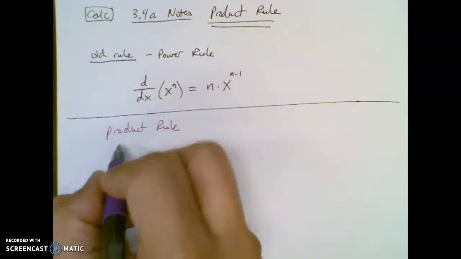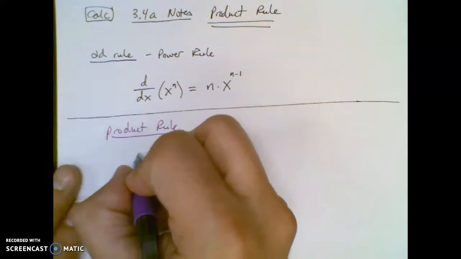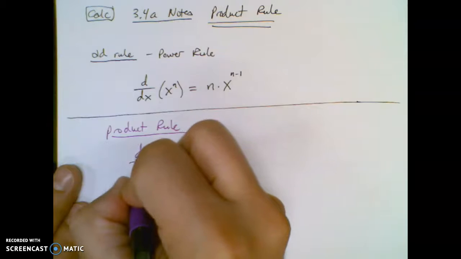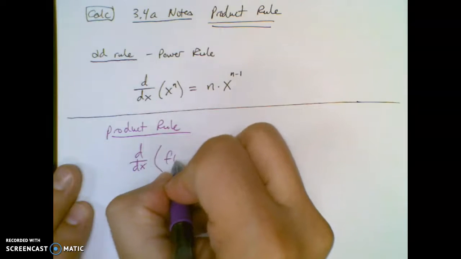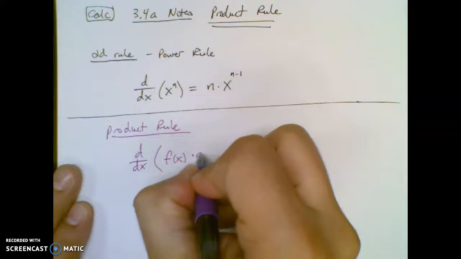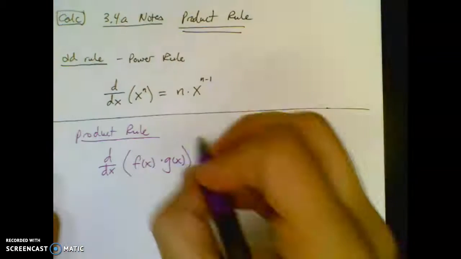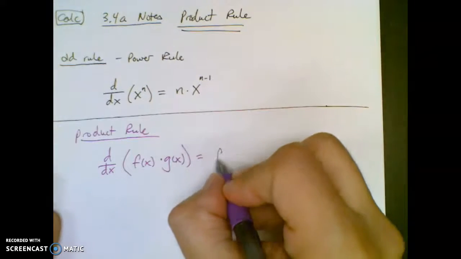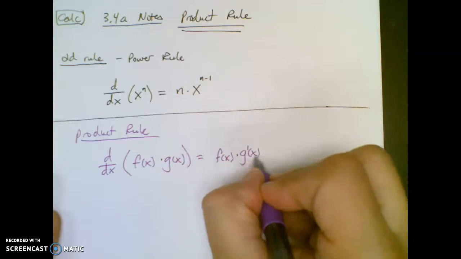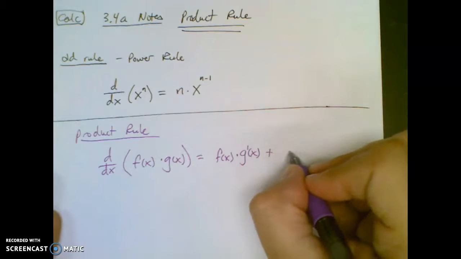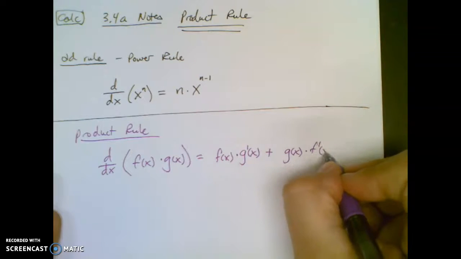Basically, the product rule is whenever you are taking the derivative of a function times a function. So if you have f of x times g of x, what that's going to equal is regular f of x times g prime of x plus regular g of x times f prime of x.